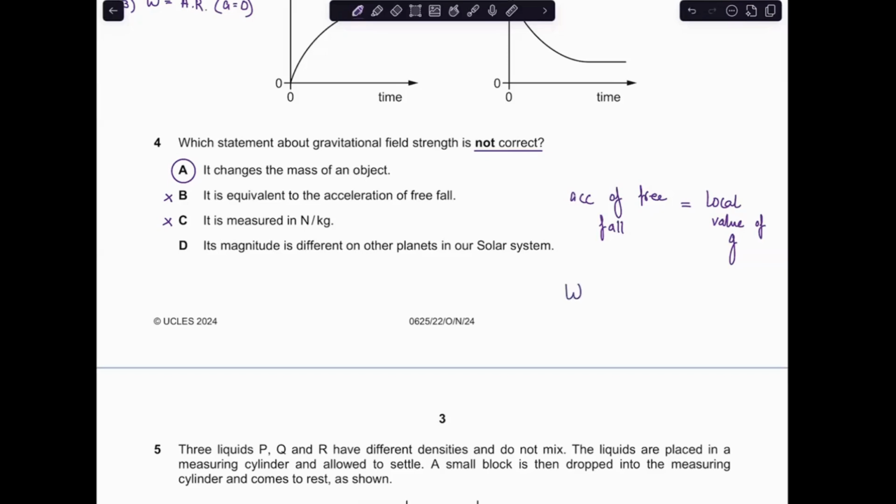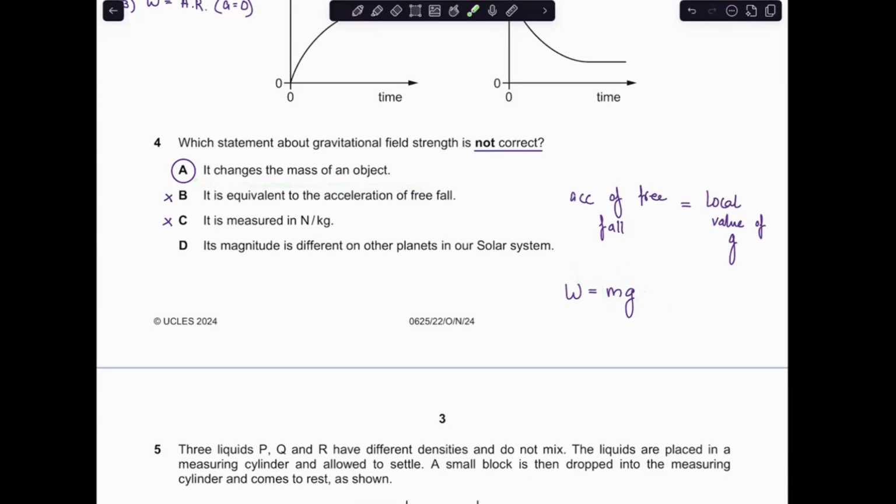So this basically tells you that if you know the mass of any object and the value of g at your location, you can multiply m and g to calculate the weight. If this value changes, yes, the weight will get affected, but not the mass.